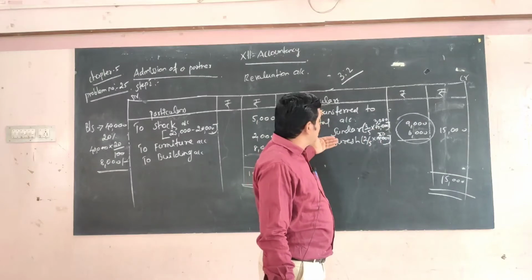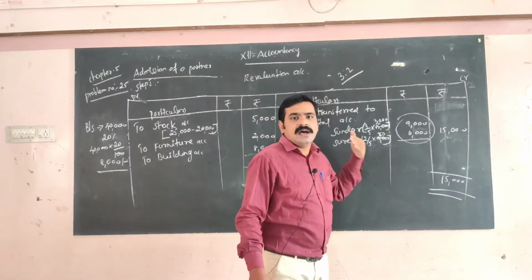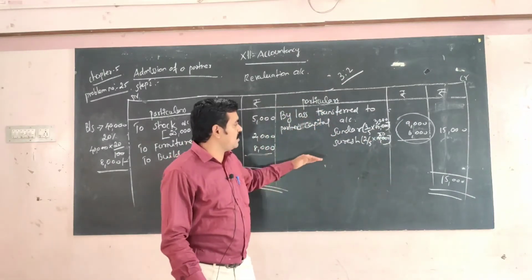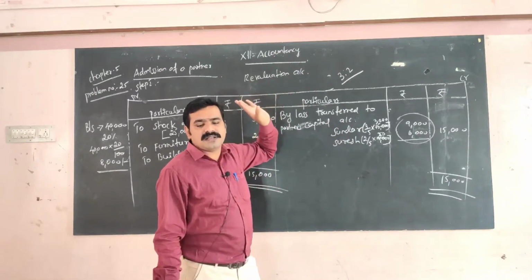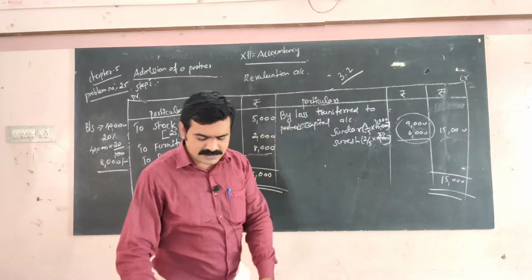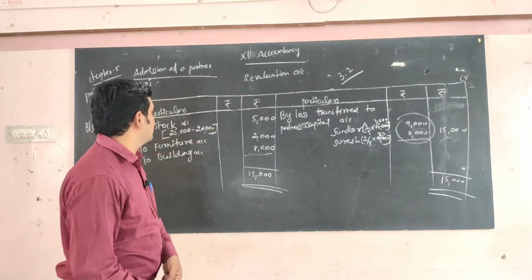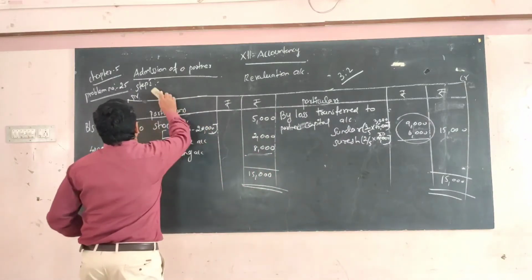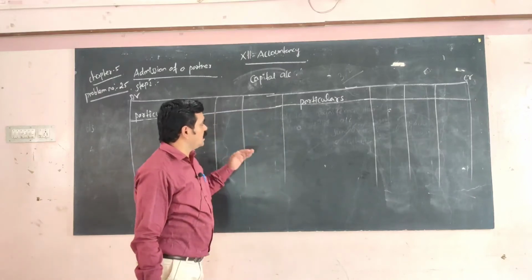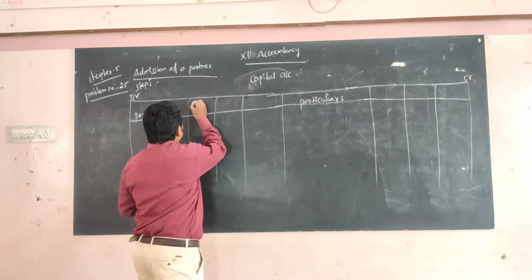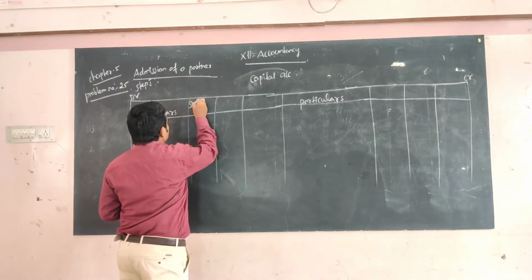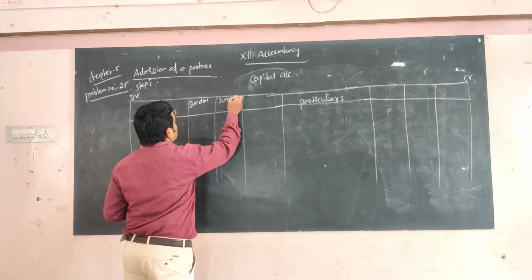The next is called the partners' capital account. So these amounts are transferred to the old partners' capital account. Next is the capital account. Who are the partners in this problem? Sundar, Suresh.